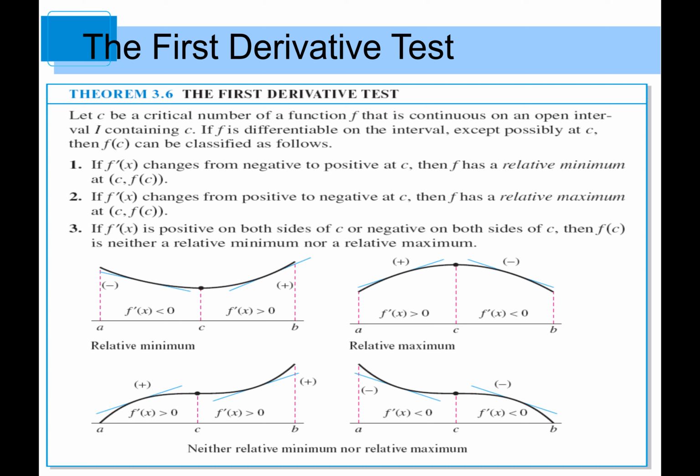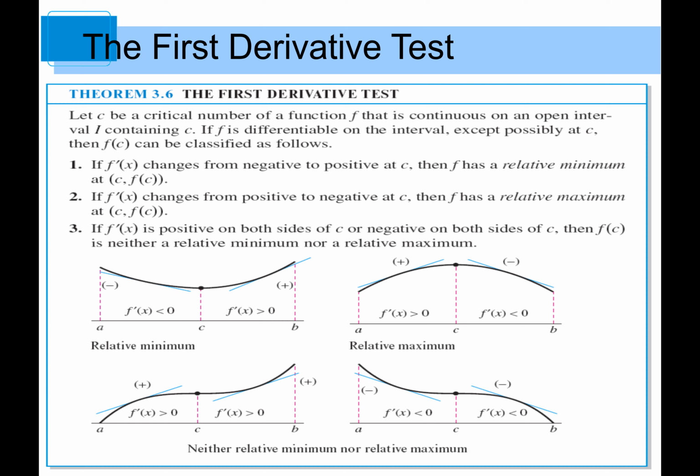Okay, so let's take a look at the first derivative test. Let c be a critical number of a function f that is continuous on an open interval I containing c. If f is differentiable on the interval, except possibly at c, f of c can be classified as follows.